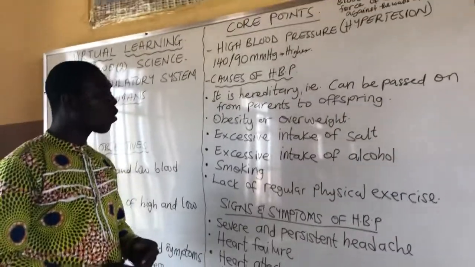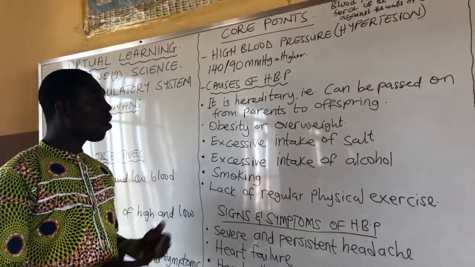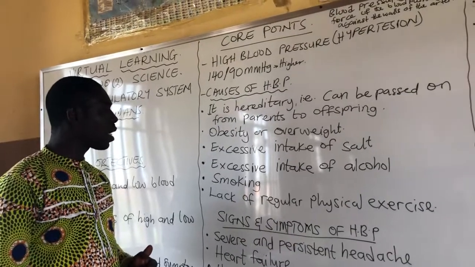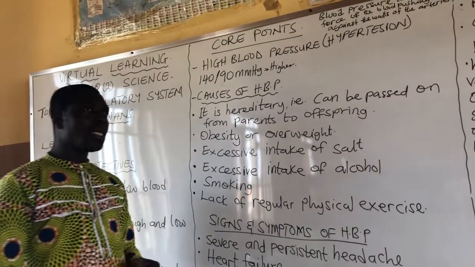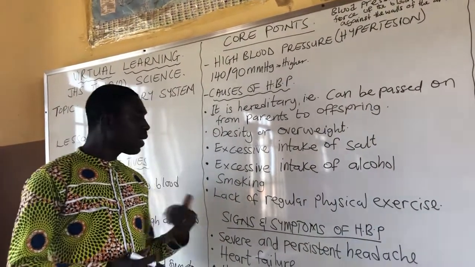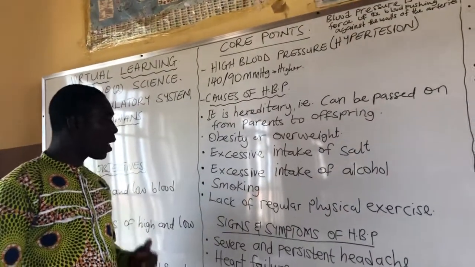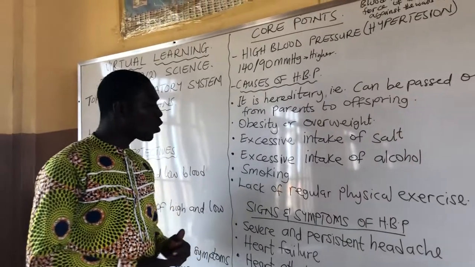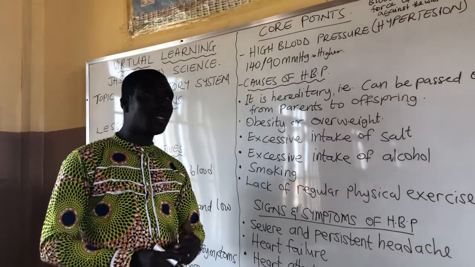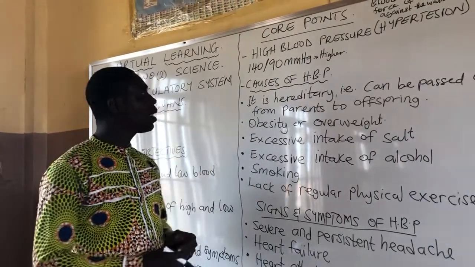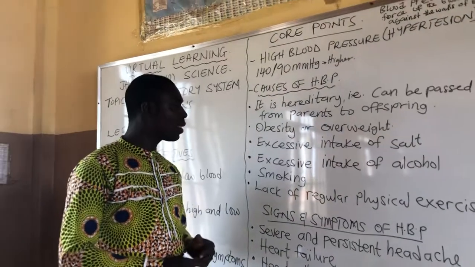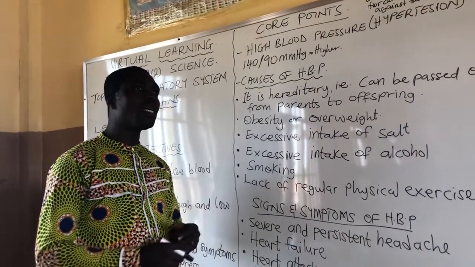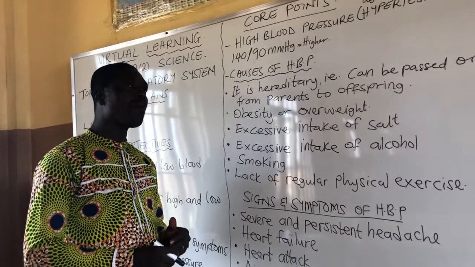Too much intake of alcohol can also lead to high blood pressure. Smoking. Smoking of cigarettes and other forms of marijuana or other forms of such drugs can also affect our circulatory system, thereby causing high blood pressure in the system. So smoking is not good, and therefore we must avoid it.